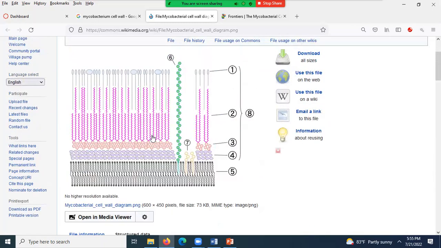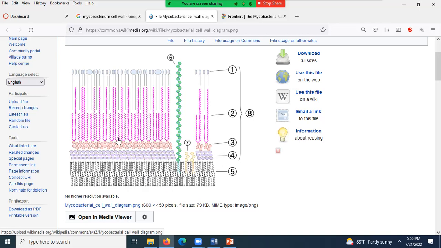And then 2 is the mycolic acid, a very thick layer of the cell wall. And this is lipid, and that prevents water-soluble molecules from either entering or leaving the cell. And that allows the cell to retain its water because water will not usually leave through the mycolic acid.